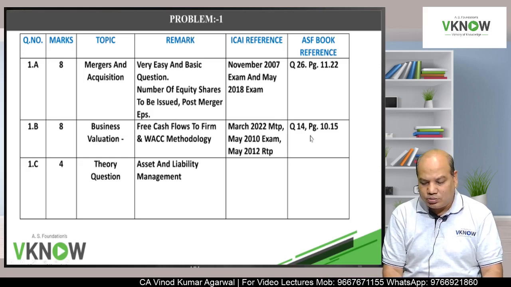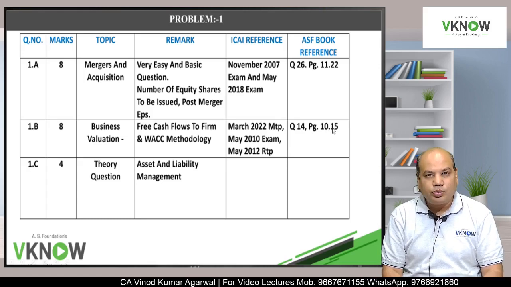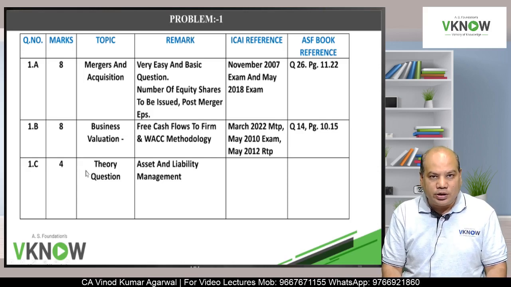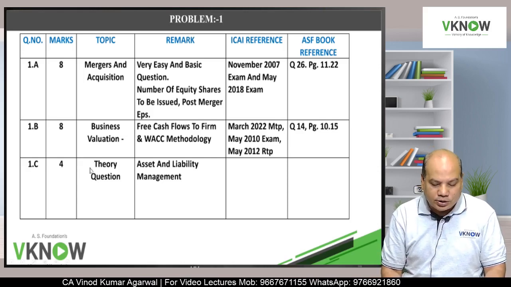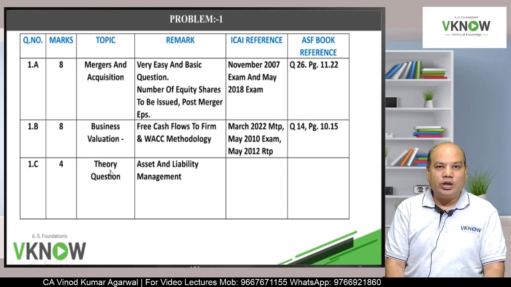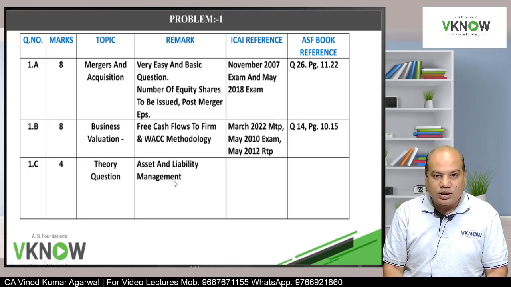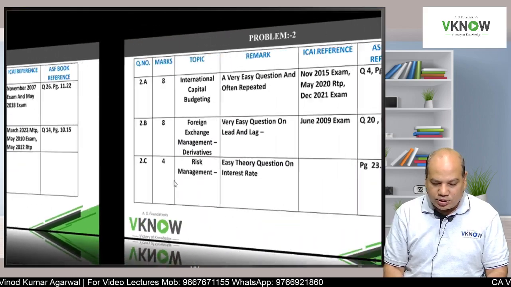You can check question number 14, page number 10.15. As usual, the third question is nowadays a theory question for 4 marks, so the student cannot avoid the theory part, and it is a compulsory question on asset and liability management.